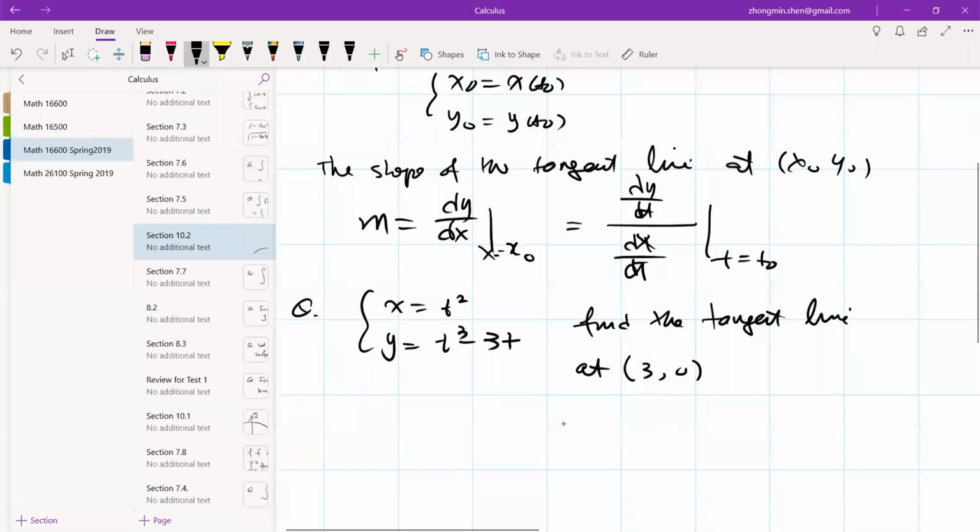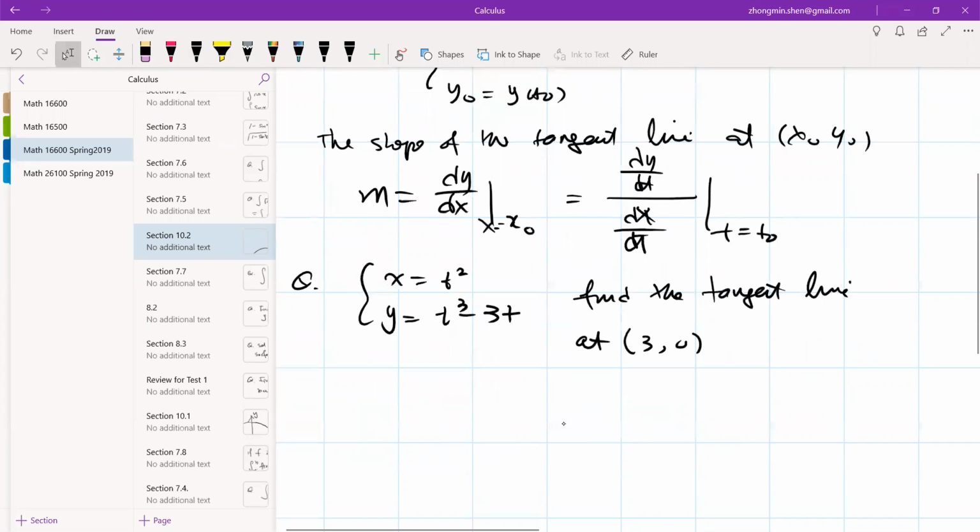How to do that? Well, it's almost impossible to draw the graph. So what I'm going to do is determine the t value for which the curve passes through that point. So I get t squared equals 3 and t cubed minus 3t equals 0.